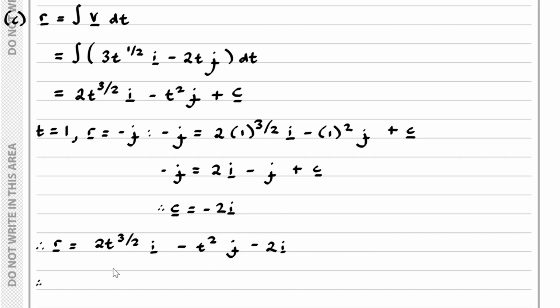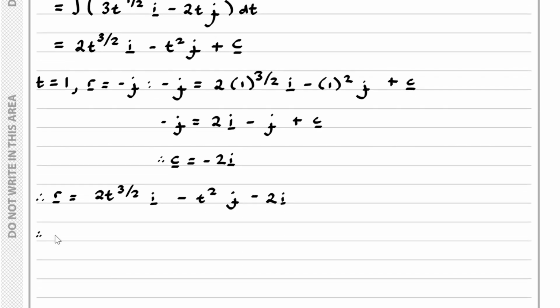And if we want, we can gather all of the i components together. So we've got 2t to the power of 3 over 2 minus 2 i, and then we've got minus t squared j. Don't forget the units of meters.